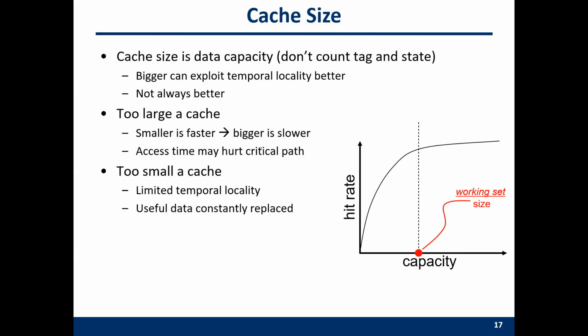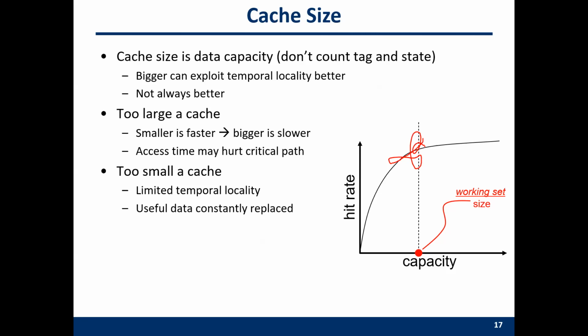You can see that when you increase your cache capacity, you can increase the hit rate, of course. But when you increase the capacity of your cache to some threshold, like here, the hit rate just saturates.